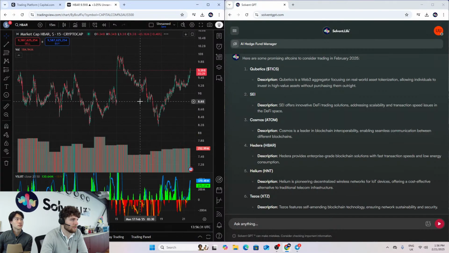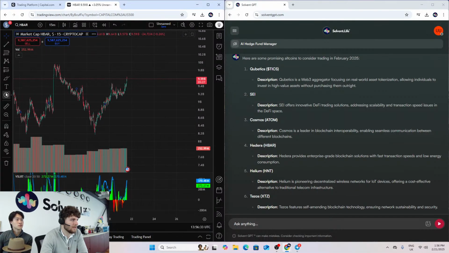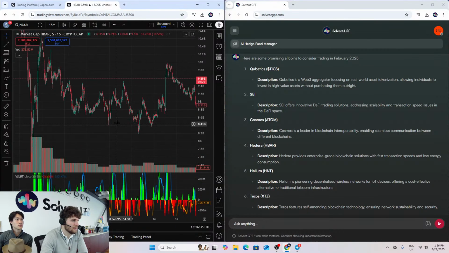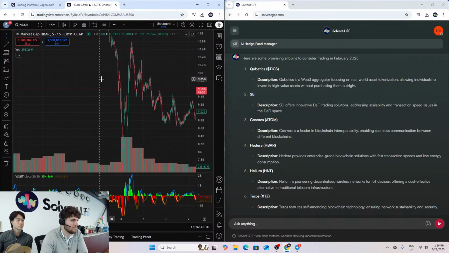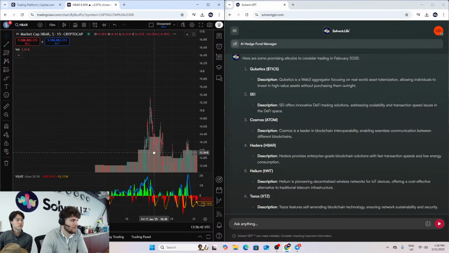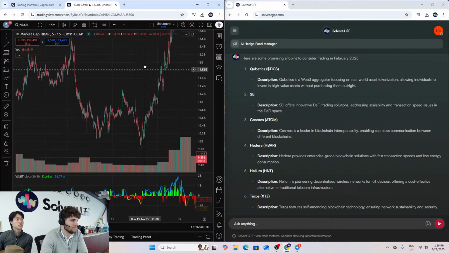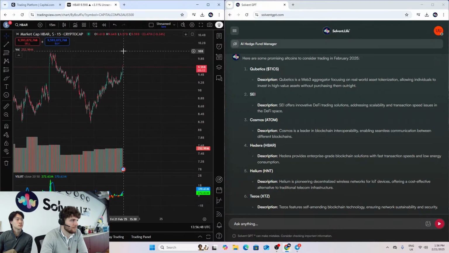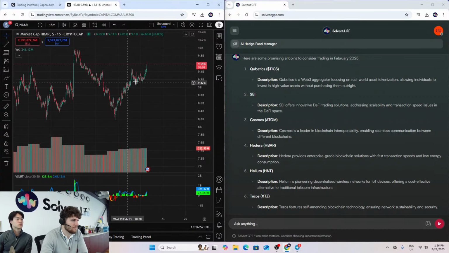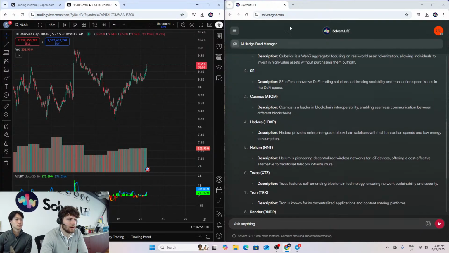Very bullish, going directly up by the looks of it, and the momentum is showing no sign of stopping. Fantastic. So yeah, maybe we could take a trade on Hedera. What else have we been given?